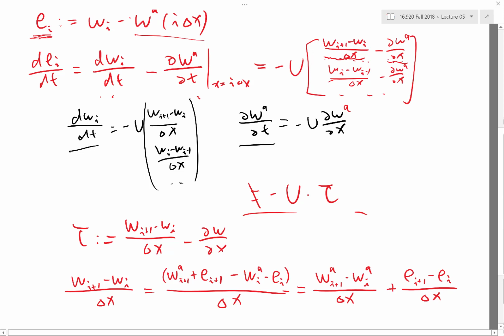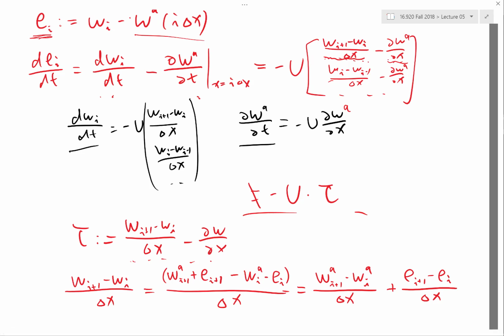Yes? Why am I doing this for the spatial coordinate, not the time? Because I want to get to the truncation error. The truncation error is defined as the difference between the spatial differential operators.